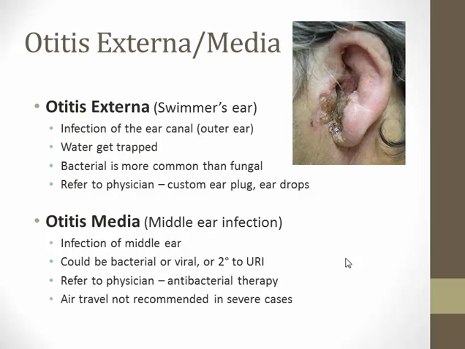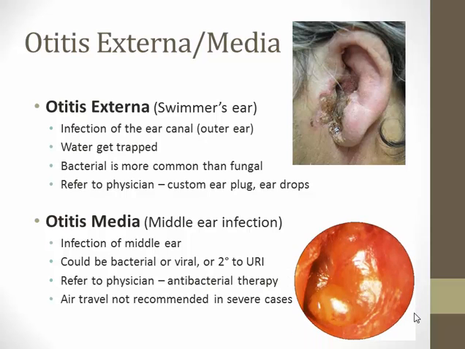Otitis media is a middle ear infection, so you may not be able to see anything over the outer ear, but if you perform an otoscopic examination, the tympanic membrane might look really red and swollen. This might be caused by a simple infection, or maybe secondary to an upper respiratory infection, or maybe they sustained a tympanic membrane rupture first and that led to infection.